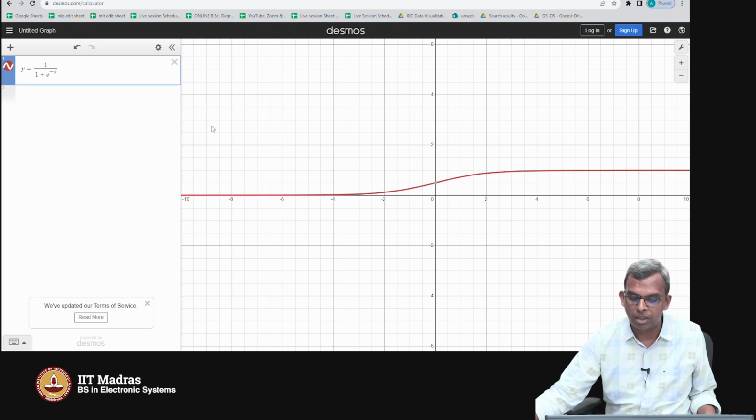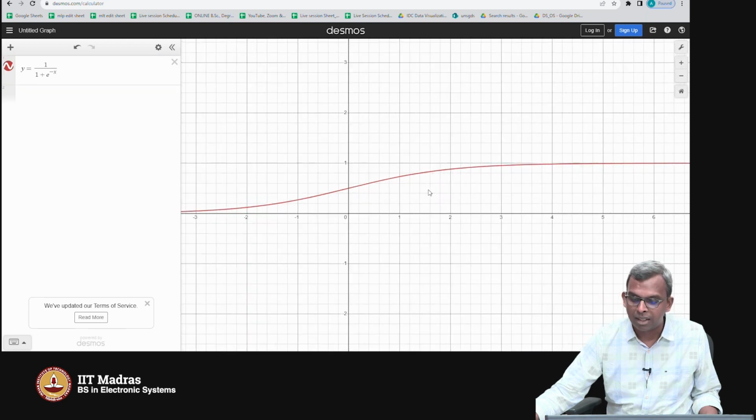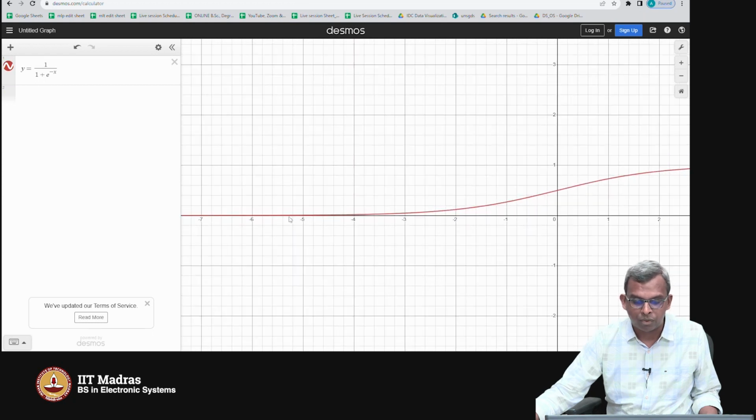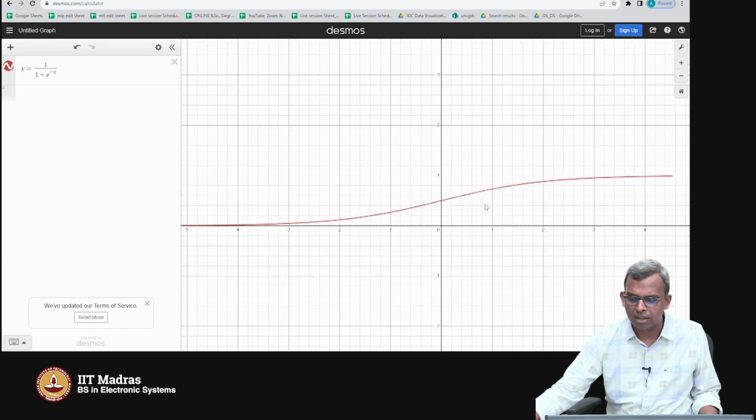Okay, notice this function is exactly what I told you would happen. At 0 it is half, and as x becomes negative, it's quickly going down to 0 by minus 4, minus 5. It is already at 0, and at plus 4, plus 5, it is going off to 1, right? So this value is 1. If you want, you can zoom in a little bit and see that at around 5, 6, it's gone very close to 1. At minus 5, minus 6, it's gone to 0. So this is called the sigmoid function.